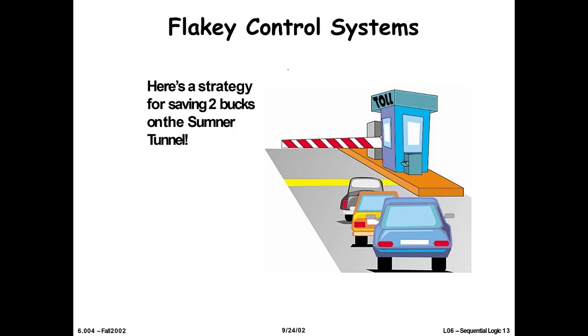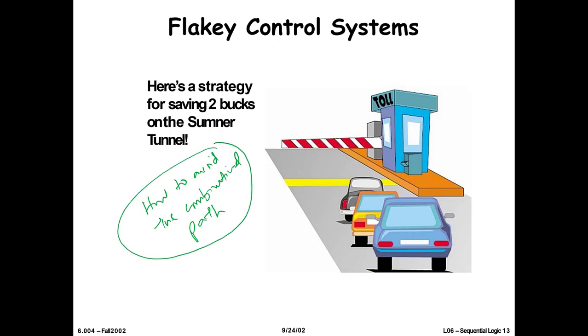Now let's see how to avoid the combinational paths. This is an analogy of a toll plaza where you have to pay the taxes.